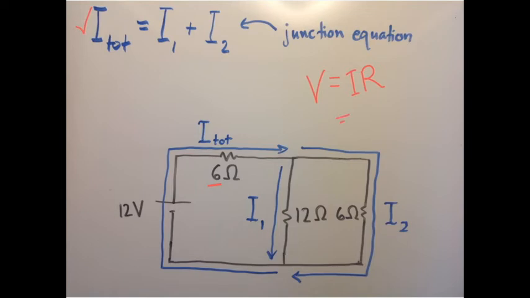So how many volts is the 6 ohm resistor using? Well, the current through it is I total. And if it's got 6 ohms of resistance, then I total, whatever that is, times 6 would be the volts that that particular resistor is using.